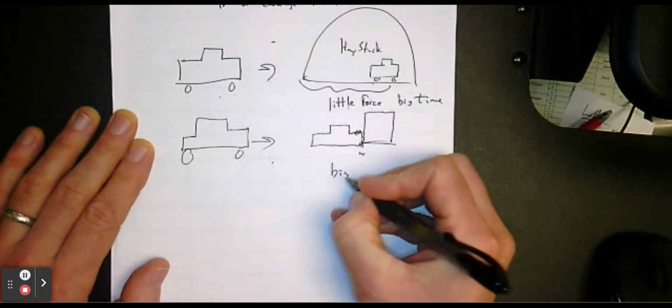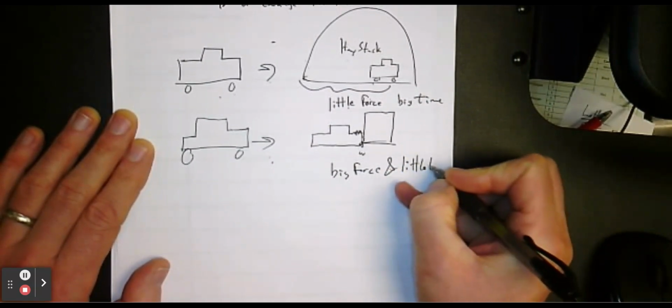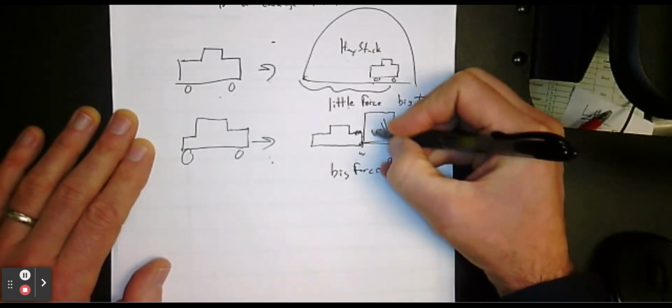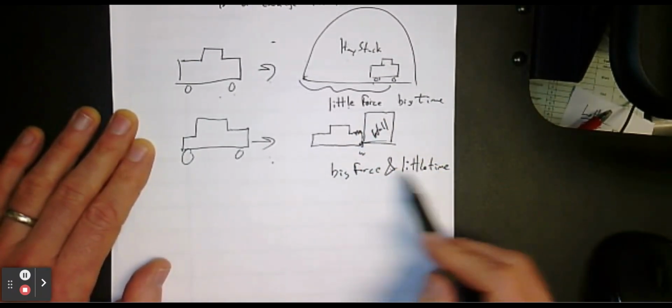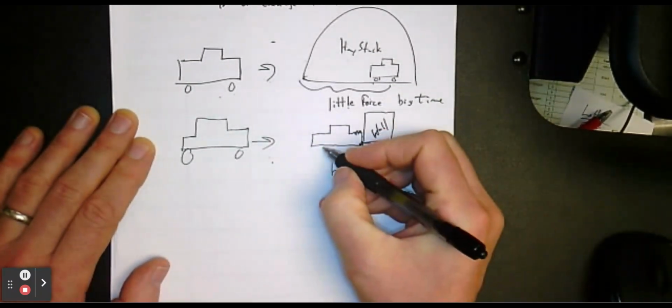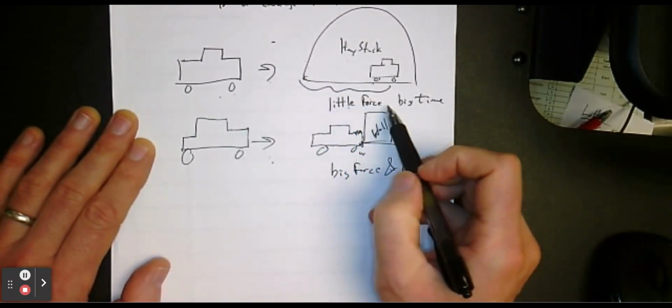This is a big force and little time if this was a wall. A wall: big force, little time, it's like boom. Whereas a haystack is a little force and a big time.